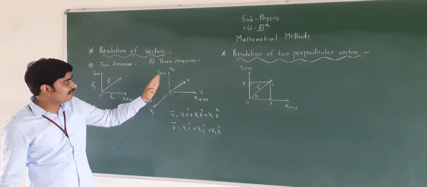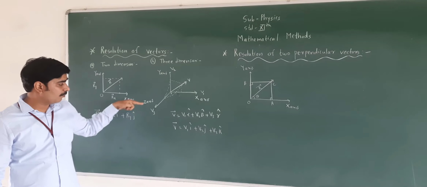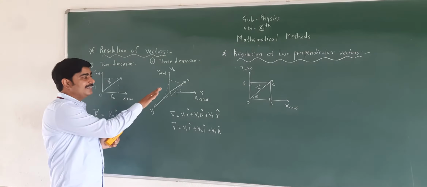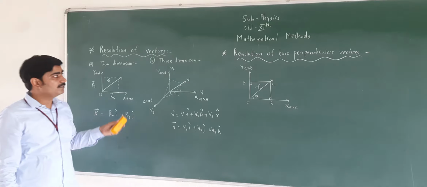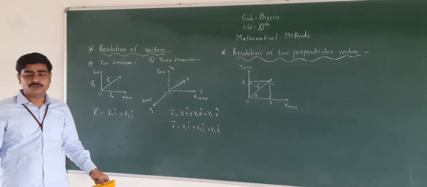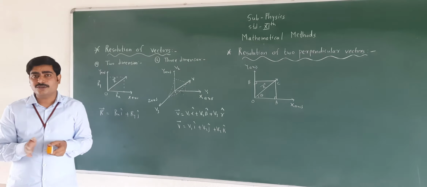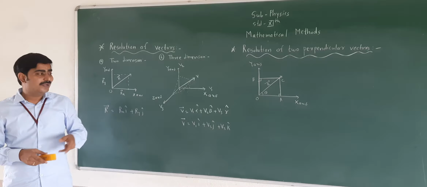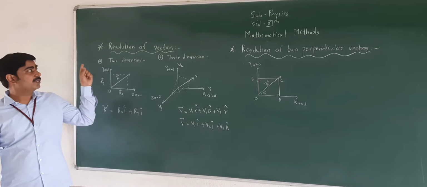One is along the x-axis, another along the y-axis, and the third component is along the z-axis. So here the vector is divided into three components, that is three-dimensional. So the phenomenon of splitting a given vector into two or more components in the given direction is known as resolution of vector.